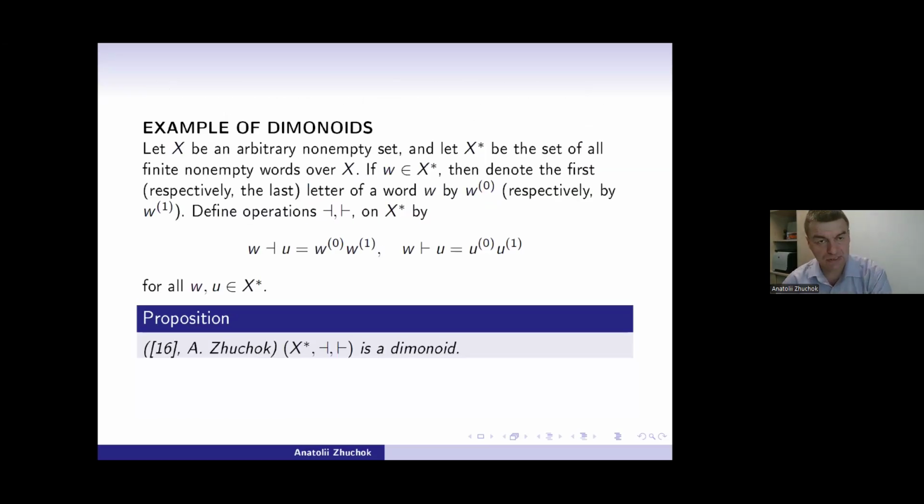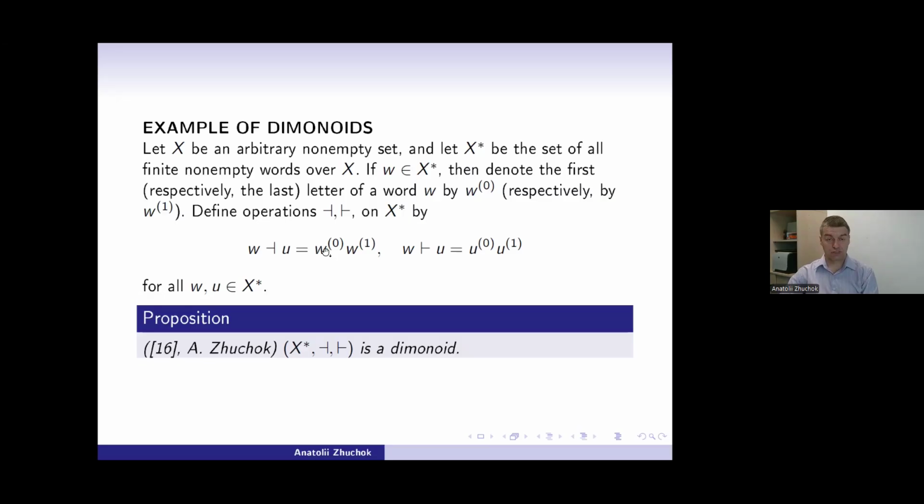And an example of diamonoids, an example of the deassociativity law. Here we take the set of all finite non-empty words and then define two operations using the first letter and last letter of a word.